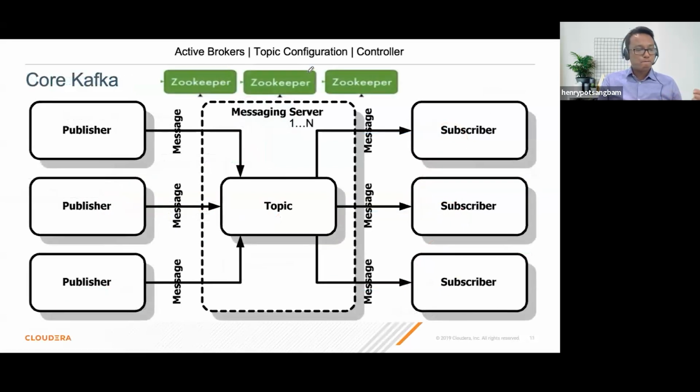Now, we talked about why Kafka is so popular, why Kafka is so fast, and where we use Kafka. Now we know the plus points of Kafka, that it is a performant system.